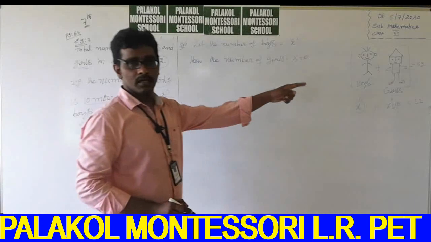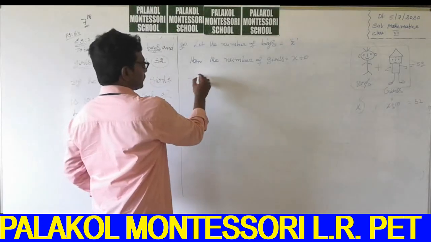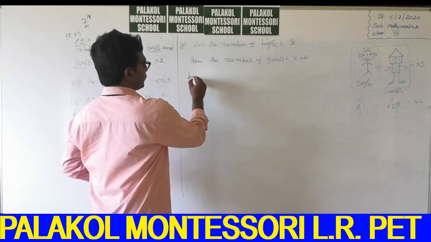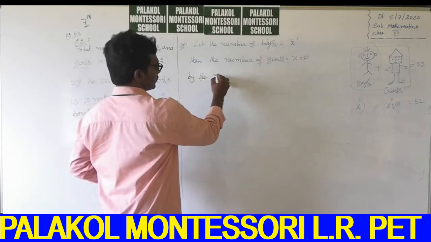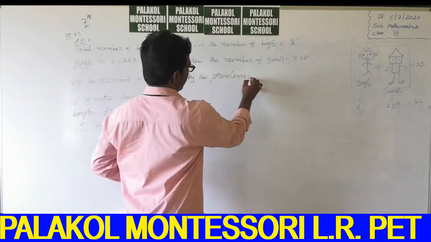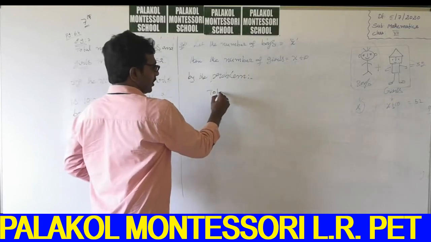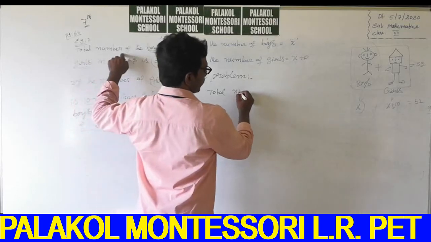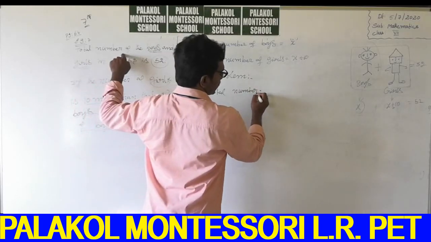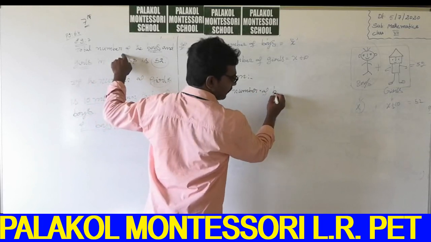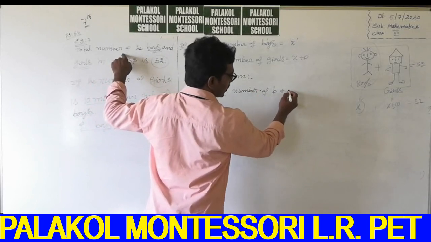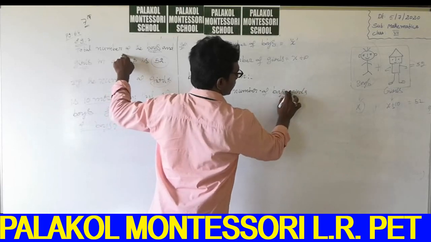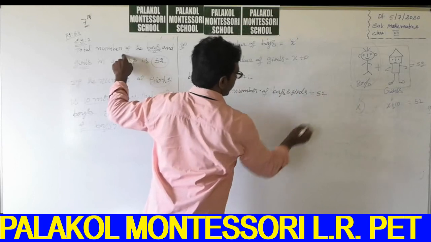By the problem, the total number of boys plus girls is equal to 52.